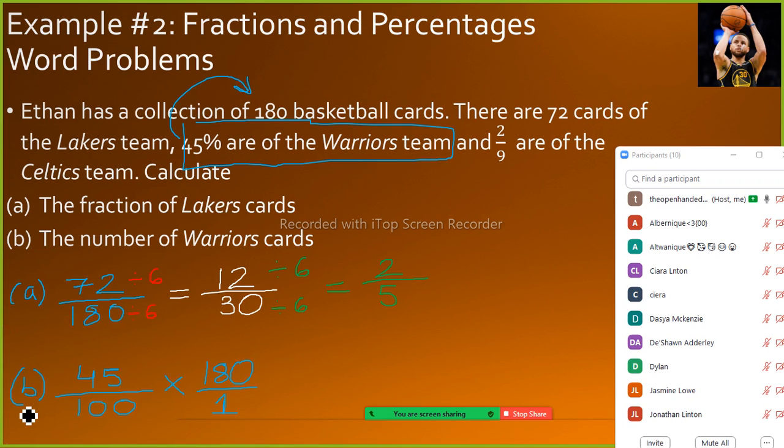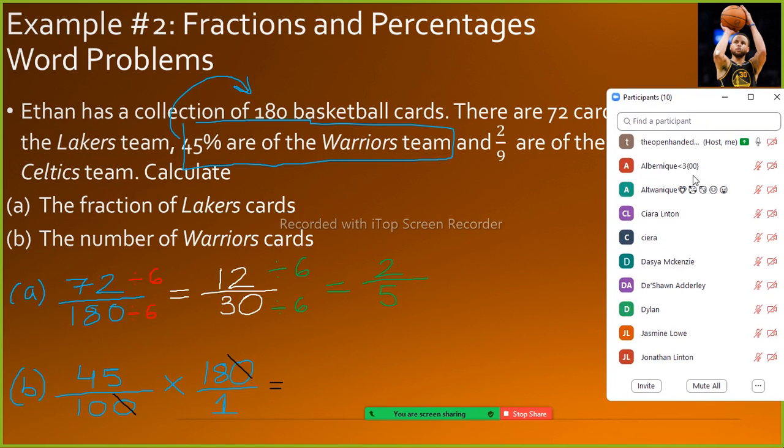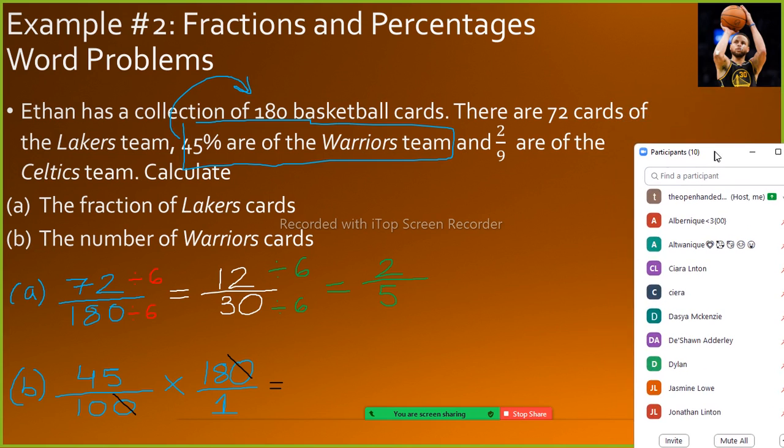Okay. So, Jasmine, what can we cancel out? 0 at the bottom, 0 at the top. Very good. The 0 at the bottom and the 0 at the top. Good. Miss Johnson, Taisha Johnson... I think she's not there anymore. Jonathan Linton, can you hear me?